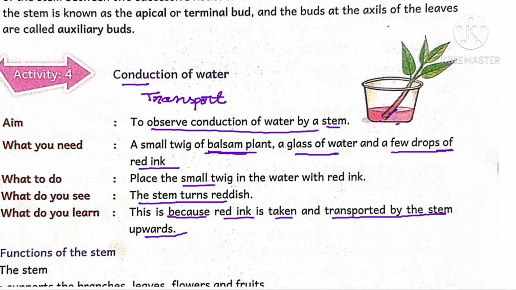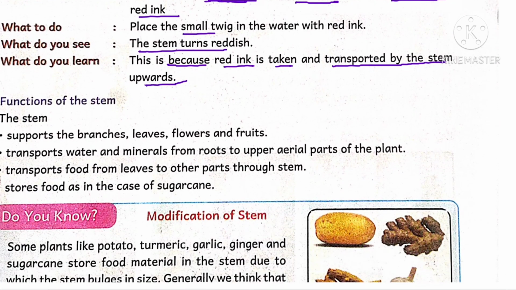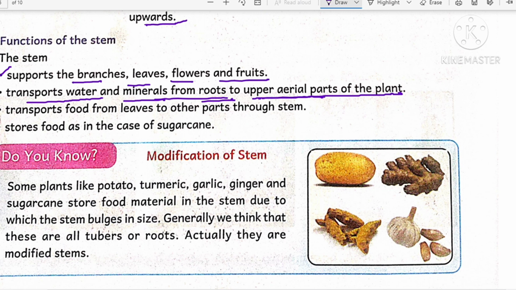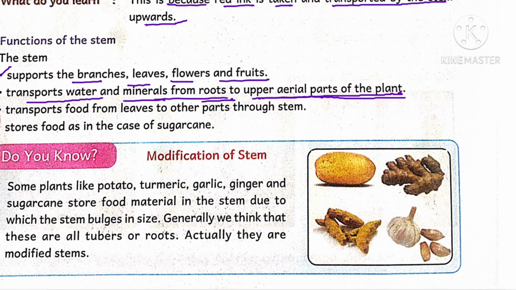See the functions of the stem. What is the main function of the stem? It supports the branches, leaves, flowers and fruits. It transports the water and minerals from the roots to the upper aerial parts of the plant, that means branches, leaves, flowers and fruits.